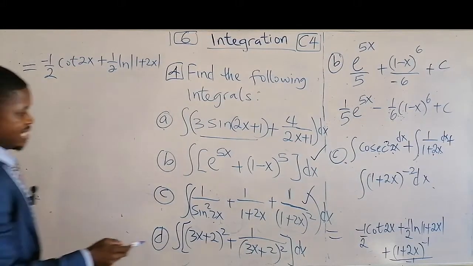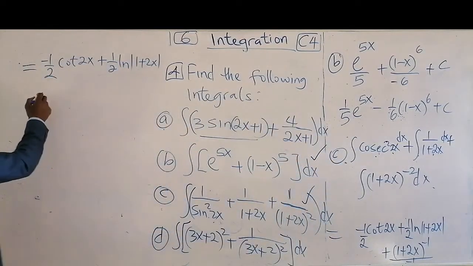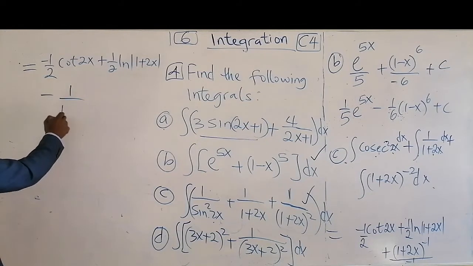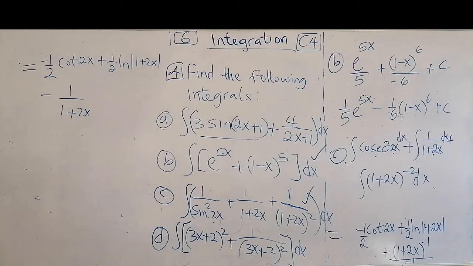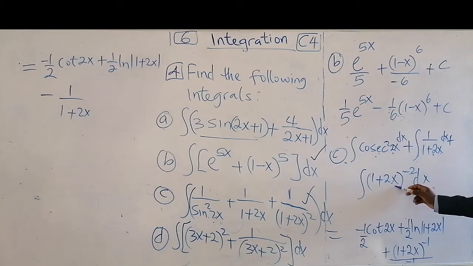And then here, plus minus, so that's minus, and that will be 1 over 1 plus 2x. Okay, I skipped something here, sorry for that. When you are here, the power plus 1 is minus 1 over minus 1.